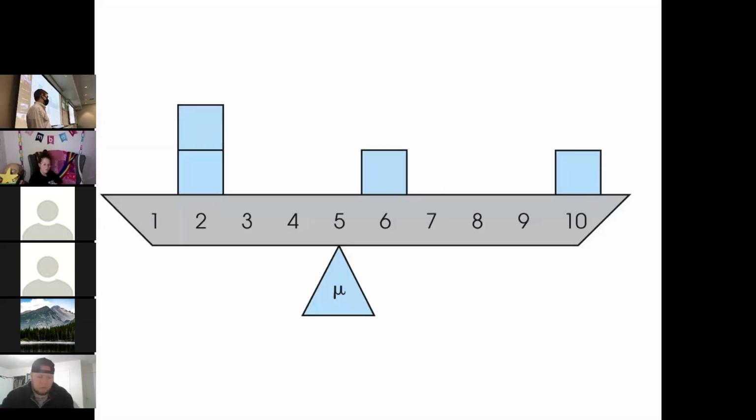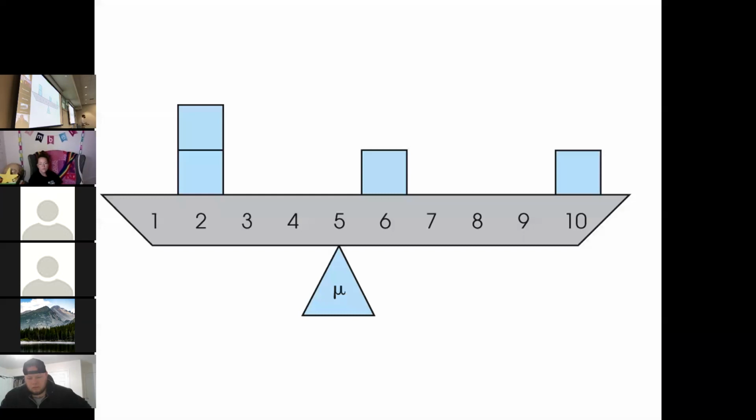When I say the balance point, I literally mean if you were to put equal weighted blocks along a continuum at these different points, the mean is the exact point at which that seesaw would stay balanced.